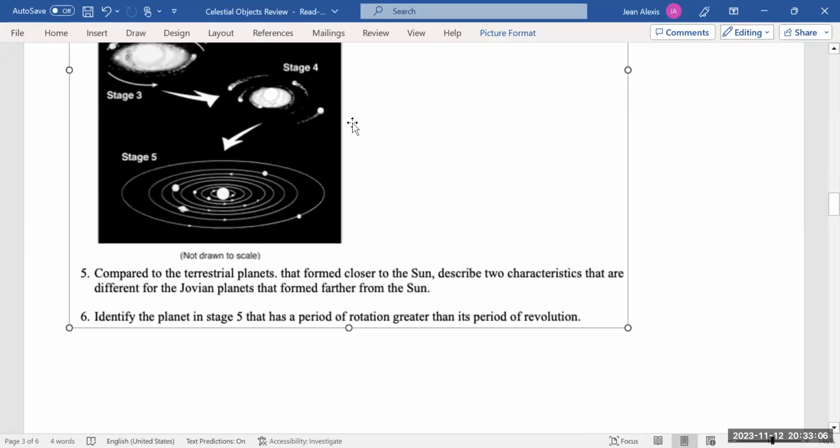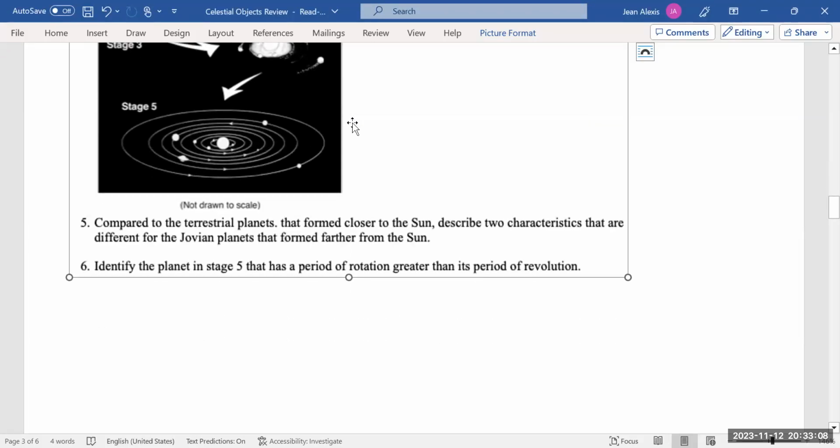So let's take a look at number 5. Number 5 says, compared to the terrestrial planets that form closer to the sun, describe 2 characteristics that are different for the Jovian planets that formed farther from the sun. Compared to the terrestrial planets, that's what we're comparing it to.